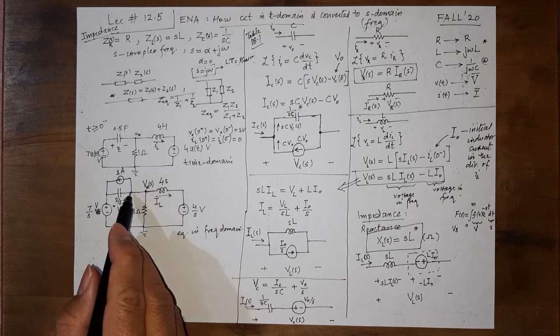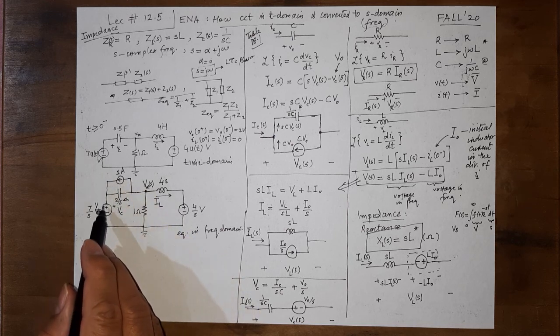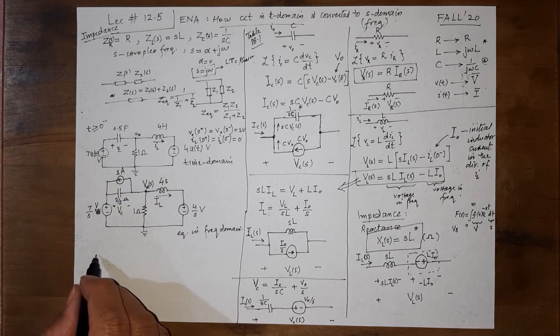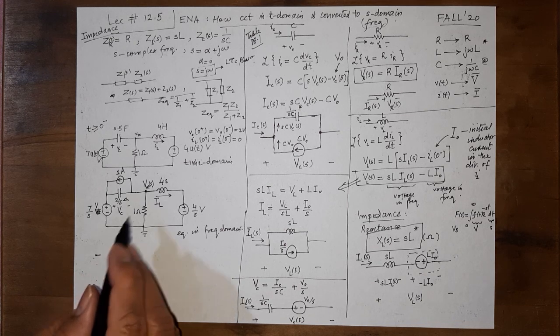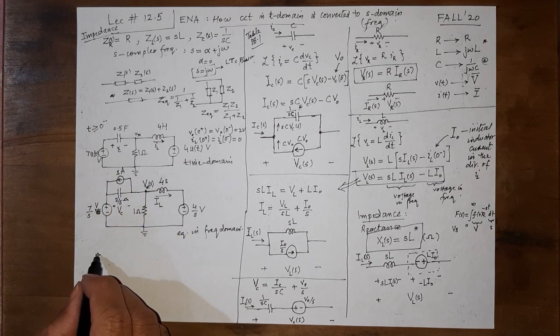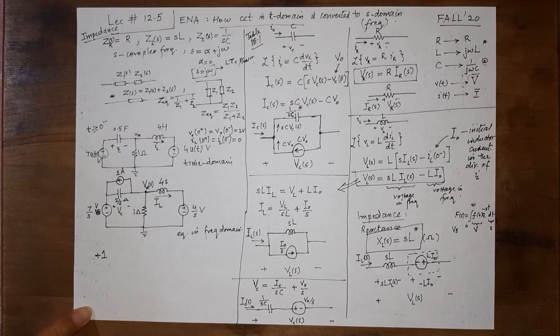So this outward current for this branch is -1 or +1, or we have to write the current for +1.